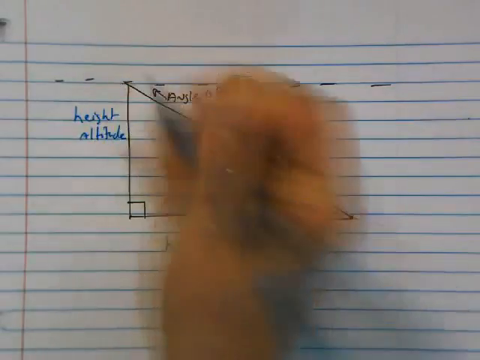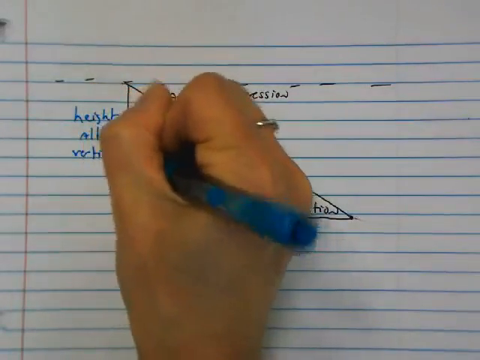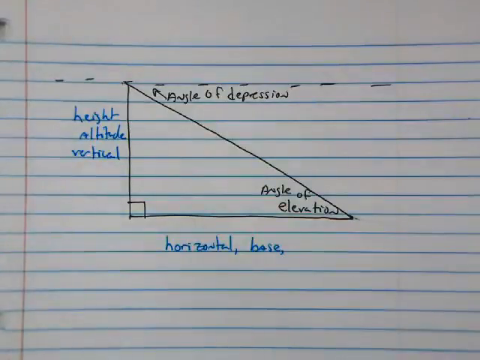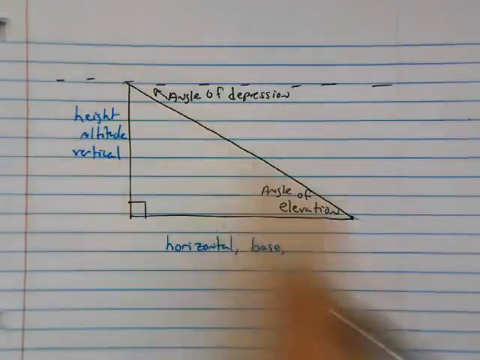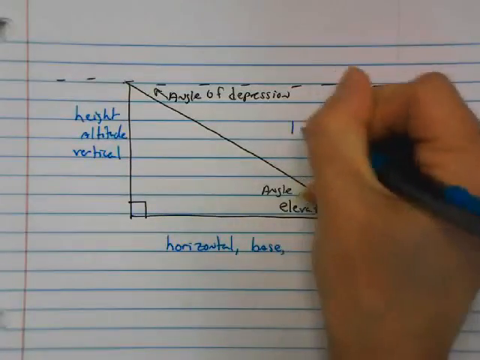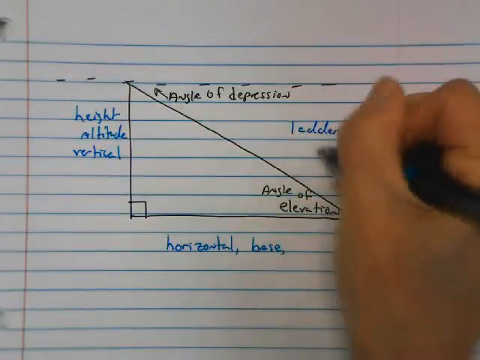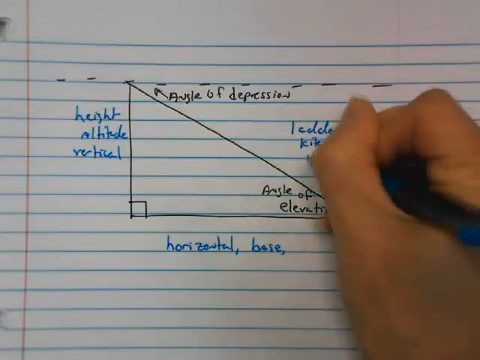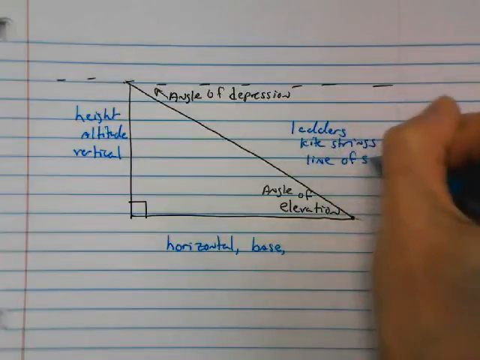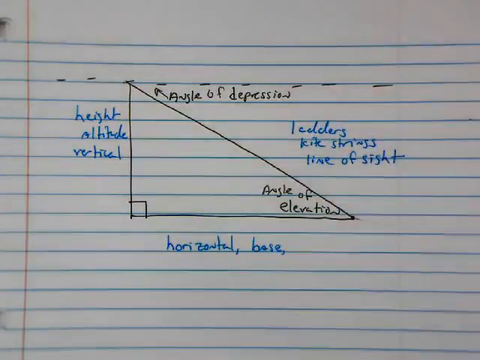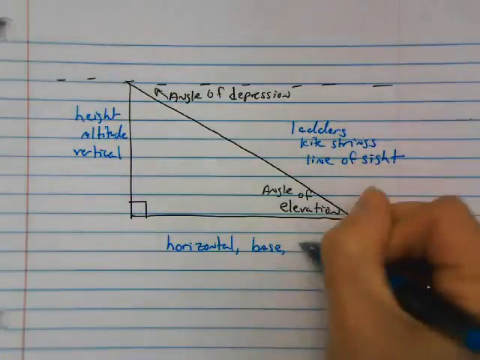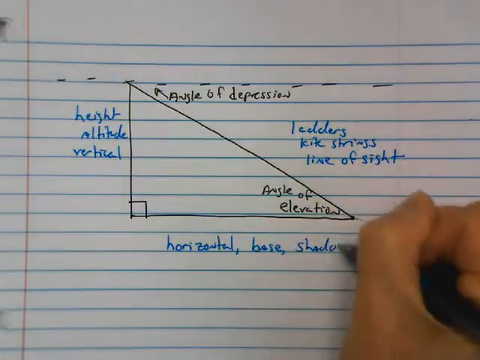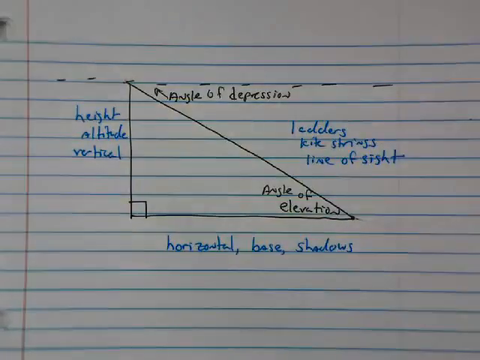We're going to use this slanted side anytime we're talking about ladders, kite strings, line of sight. I'm going to add down here at the bottom shadows. And if we need to, we can add more as we come up with them, but at least this is a good starting point. So we'll pick up word problems tomorrow in class, and don't forget to do a couple of the practice problems, and I'll see you tomorrow.